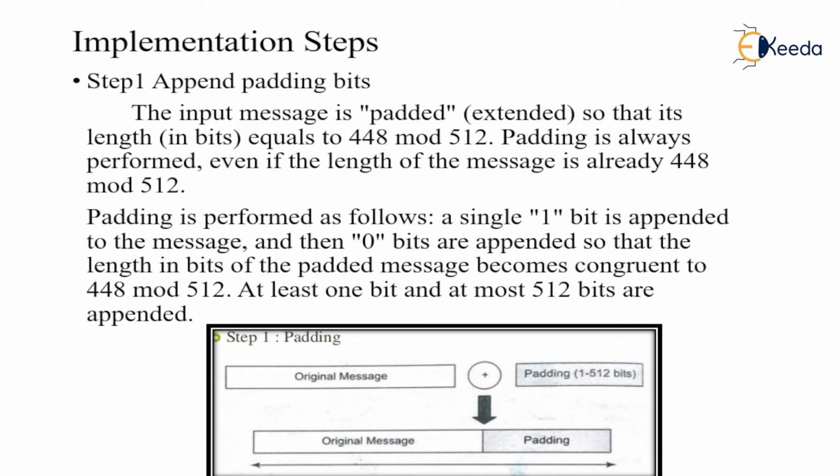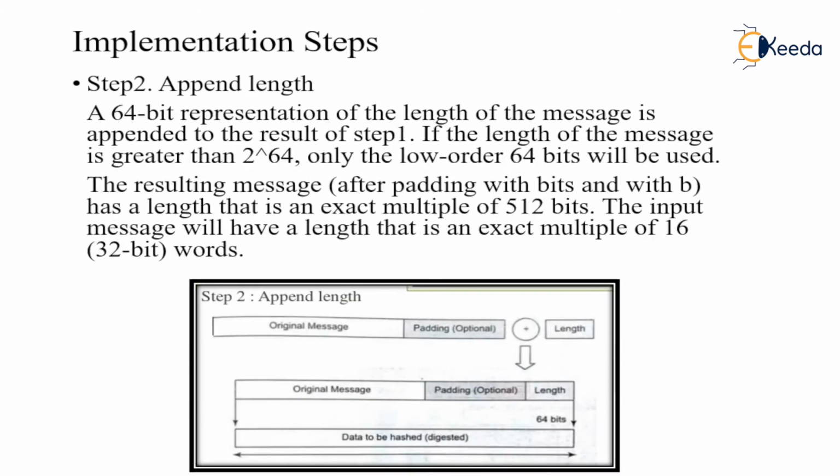The original message is padded with bits, and these bits can vary from a single bit to 512 bits to make it congruent to 448 mod 512. So the output we get is the original message plus the padded bits.